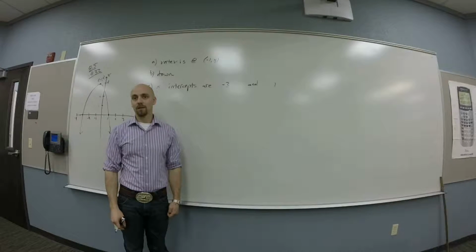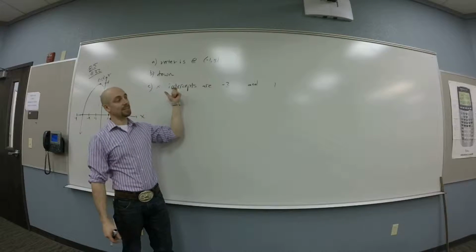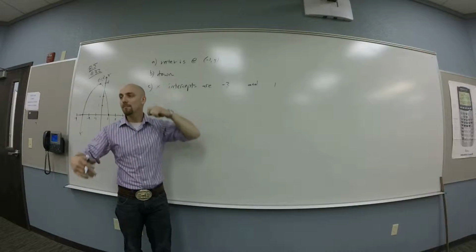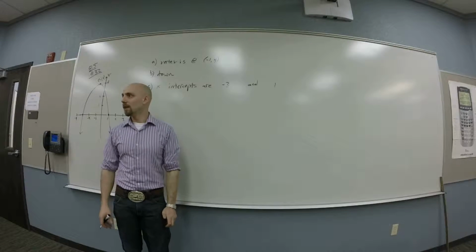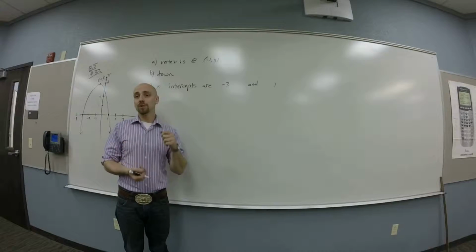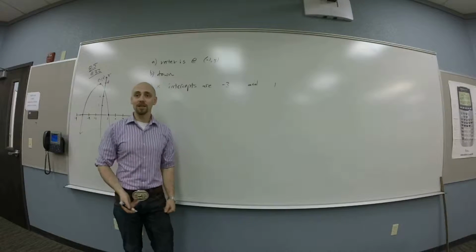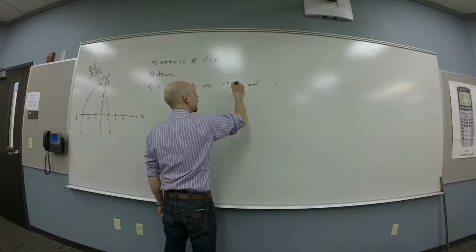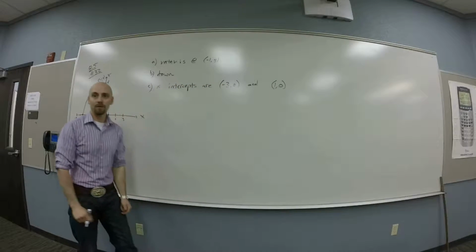Because they didn't ask for it. Kind of, because I've said they're x-intercepts, so you know the y-coordinate has to be 0. That said, if you're prone to mixing up the x and the y, it might be a good idea to label them as points. So these points are 0 high, right?